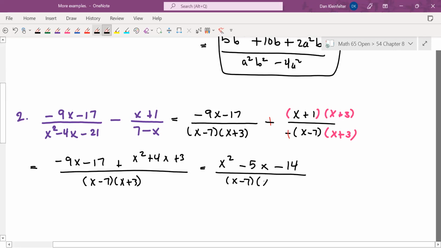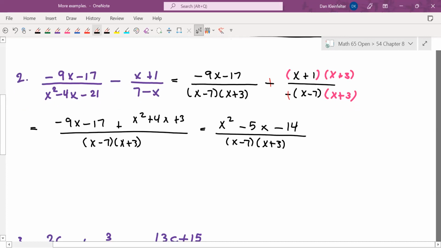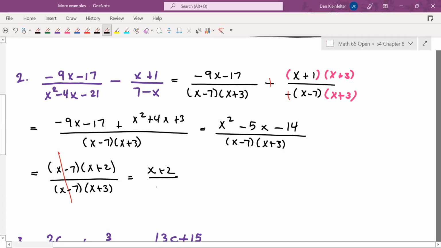There's x minus 7, x plus 2. x squared minus 5x minus 14: two numbers that multiply to negative 14 and add to negative 5 will be negative 7 and positive 2. So we will get that x minus 7, x plus 2 in the top, and then the bottom stays the same here. So now you can see that those x minus 7s are gone. And we're just left with x plus 2 over x plus 3.